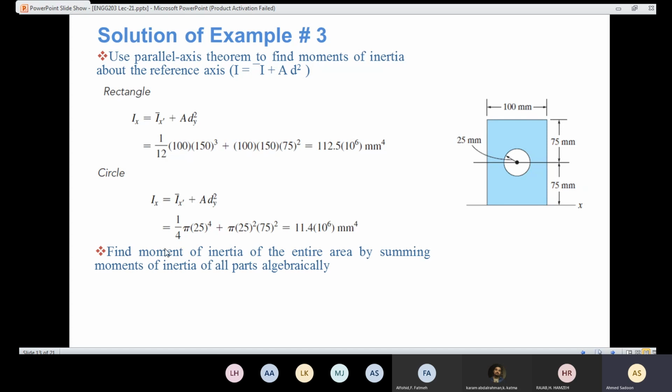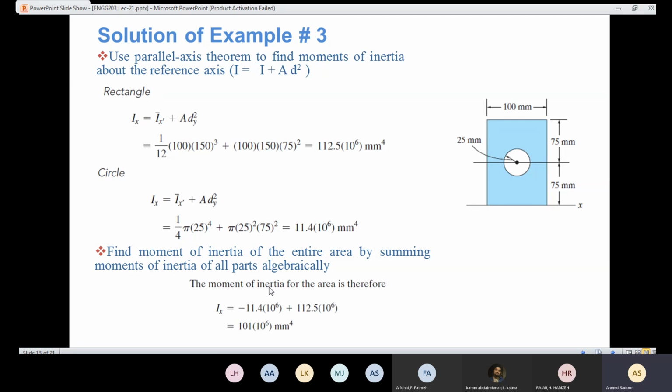So find the moment of inertia of the entire area by summing the moment of inertia of all parts. So I have the rectangle and the circle. I'm going to sum them together. But I need to take care here. The circle here is a hole, which means that the moment of inertia for this one is going to be negative.